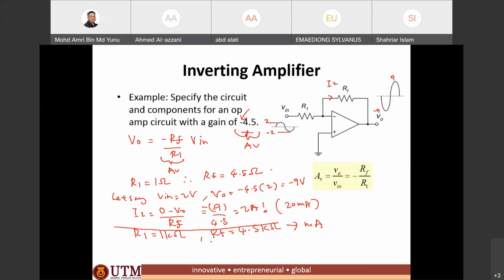So you can choose R1 as 2 kilo ohm, and the corresponding RF will be 9 kilo ohm. So that is the solution for this example.